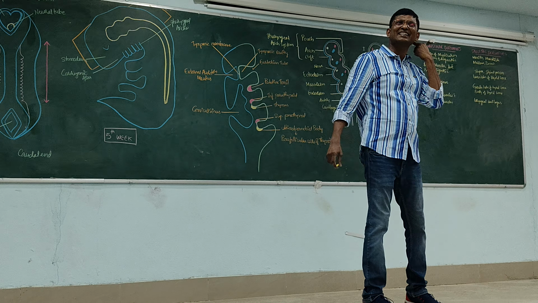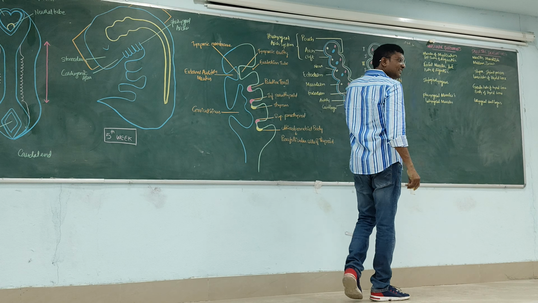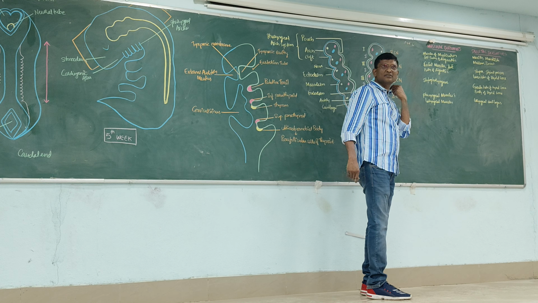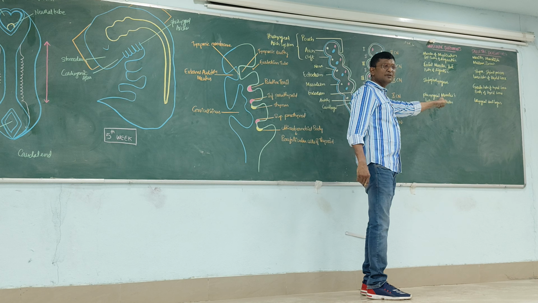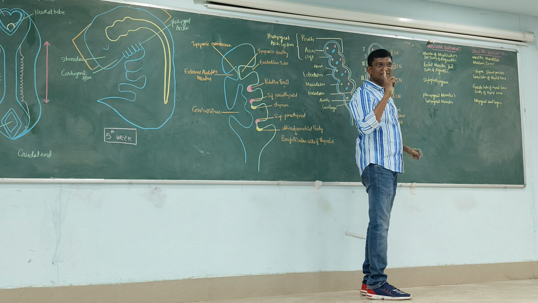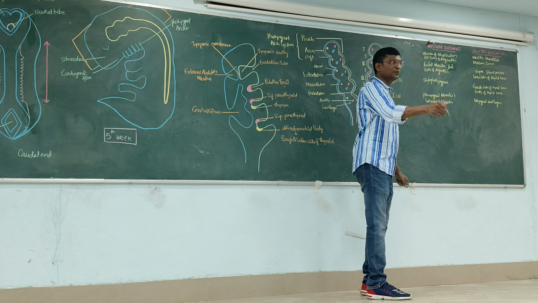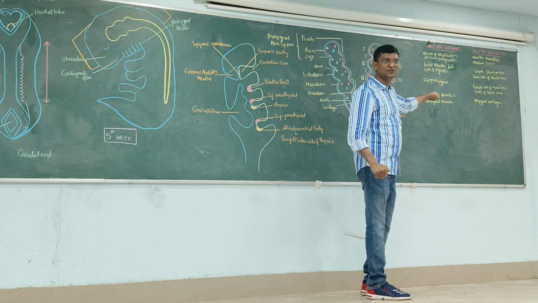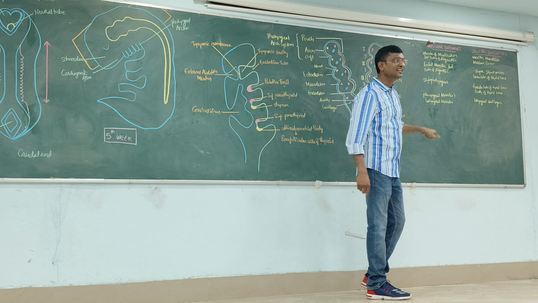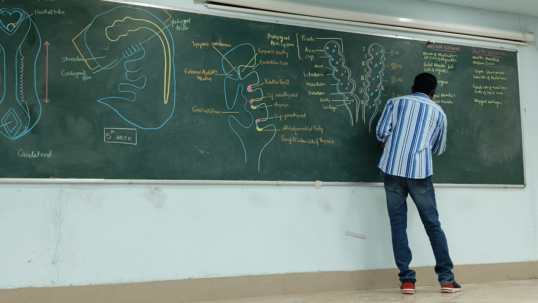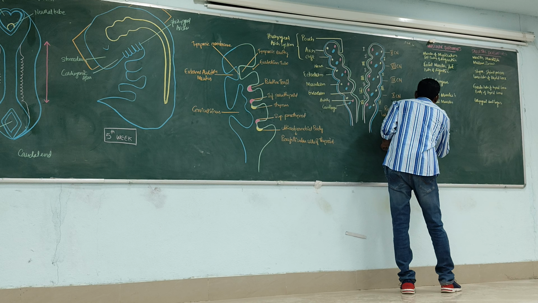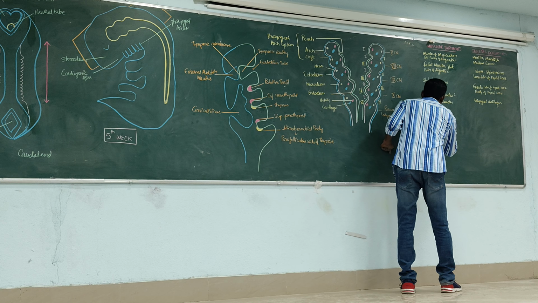Now the last arch called the sixth pharyngeal arch, right? By this time you might have got a doubt. You should get a doubt. Both are being supplied by the same nerve. So definitely the sixth arch also should produce something which is related to the pharynx and larynx, right? So hence the sixth pharyngeal arch is also involved in the production of laryngeal muscles.